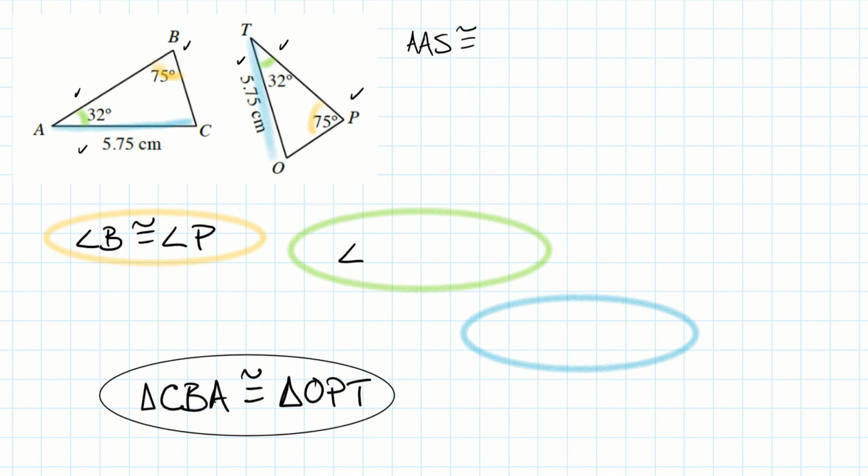I'll say angle A is congruent to angle T. And again, same reason: they're congruent because I'm given that they're equal in measurement, therefore they have to be congruent. And then the final thing I'll write down here is that segment AC is congruent to segment TO.